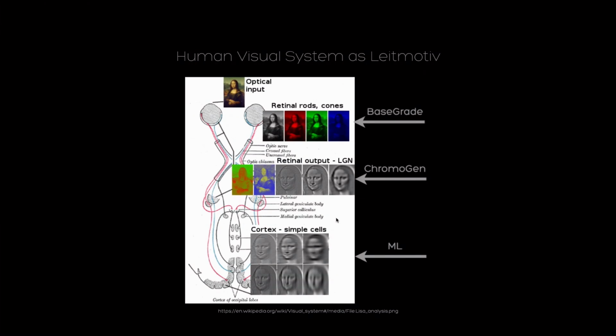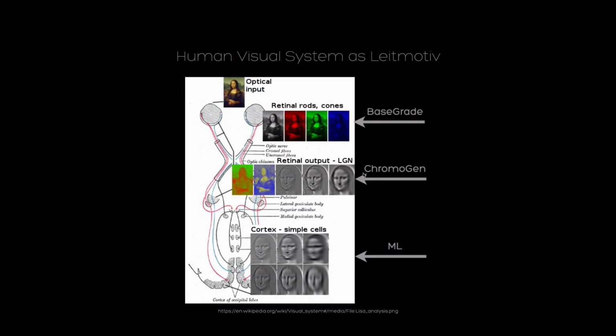So for the tool which I'm going to show you in a moment, which is called ChromoGen, we stick to the leitmotif which we already stick with in other grading tools we have in Baselight, which is the human visual system. We are not saying that we are mimicking exactly the human visual system. That would be crazy to say because it's so complex, but we use it as a leitmotif.